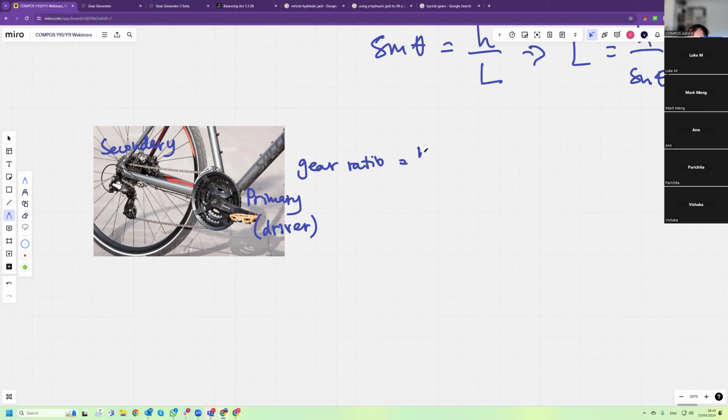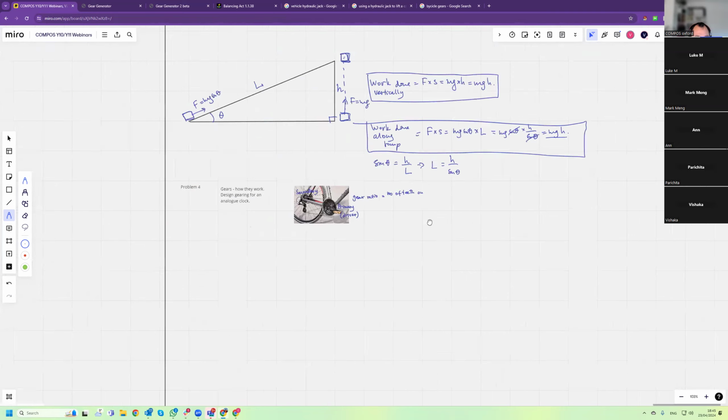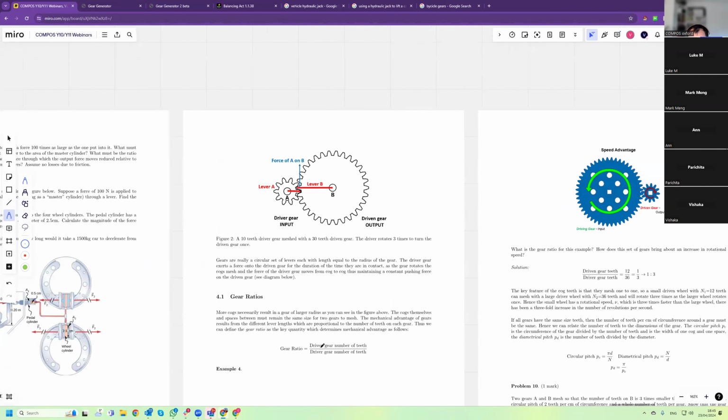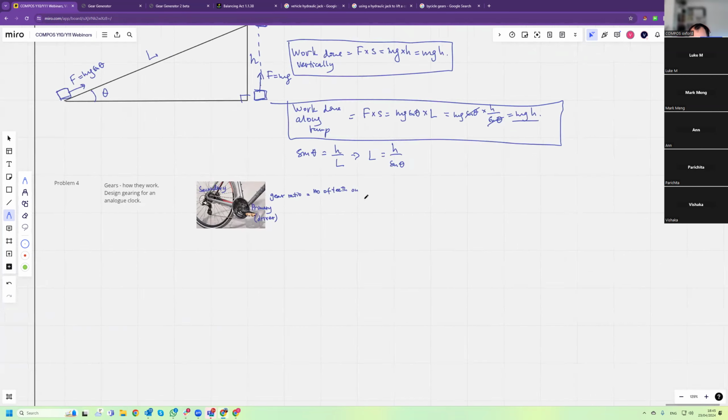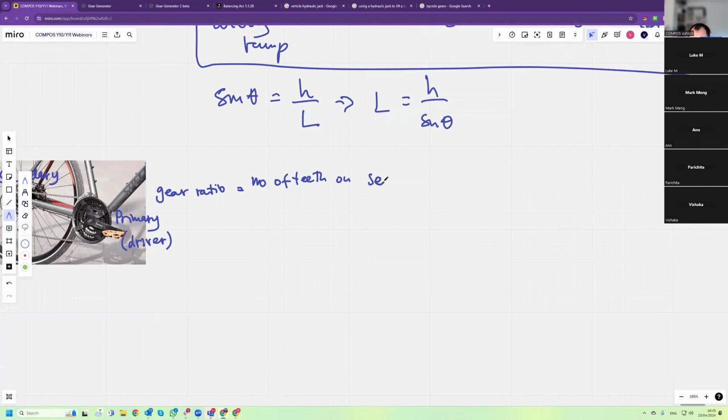So the gear ratio is the number of teeth on the secondary, divided by the number of teeth on the primary. This is an engineering thing. It depends on the gear ratio, driven divided by driver. Yes.